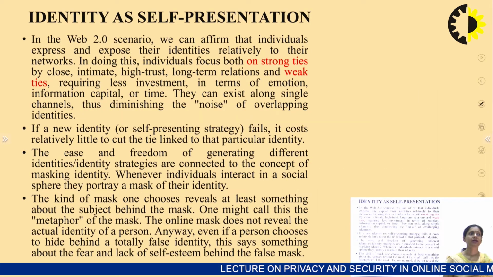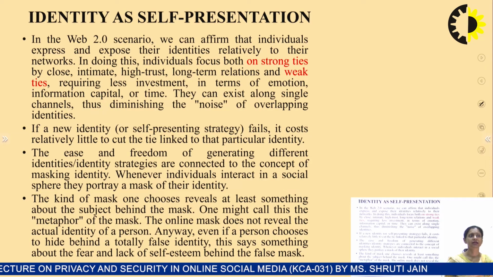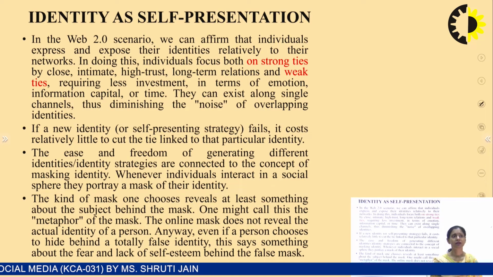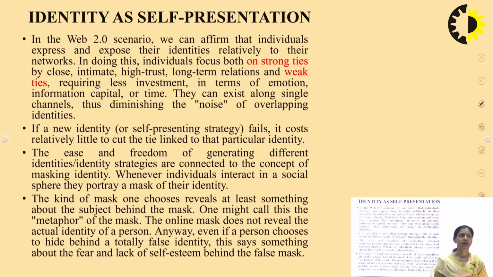Now, if we talk about identity as self-presentation, when we are talking about Web 2.0, that is the Identity 2.0 scenario, we can affirm that individuals express and expose their identities relative to their networks. While doing so, individuals focus more on strong ties, close, intimate, high-trust, long-term relations, and weak ties requiring less investment in terms of informational capital or time.